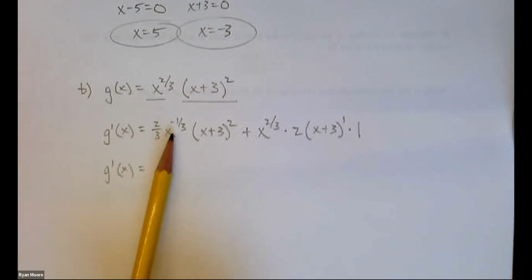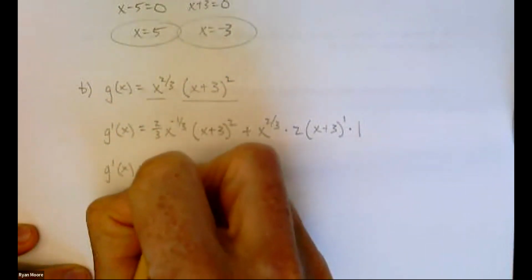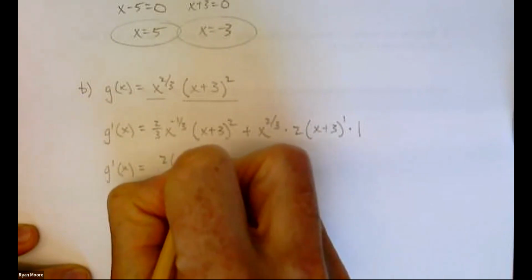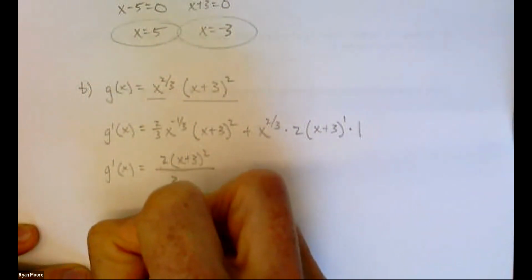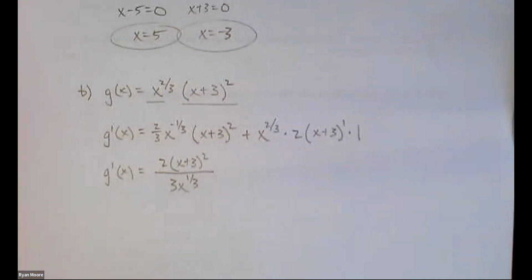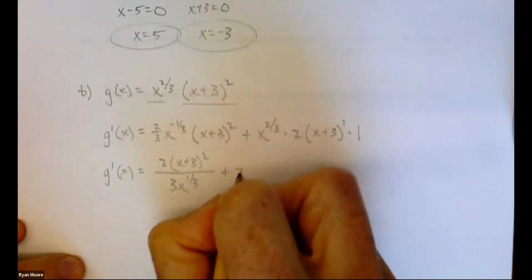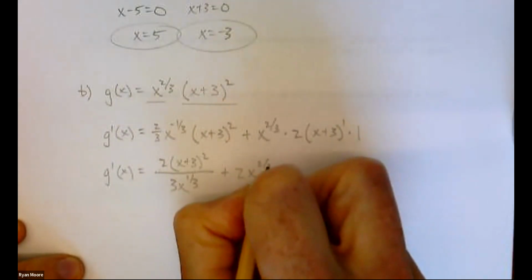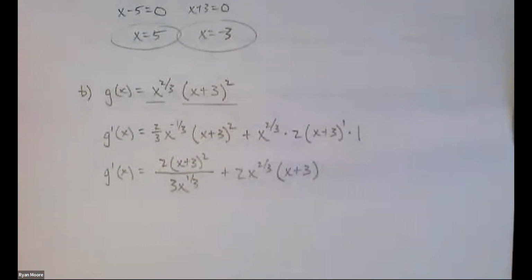But also notice I have this negative exponent. I'm going to make this whole thing a fraction. In the numerator, I'll have the 2 and the x plus 3 squared. In the denominator, I'll have this 3 and x to the 1/3. So let's write it like that. And then plus 2 x to the 2/3 times x plus 3. And there we go.